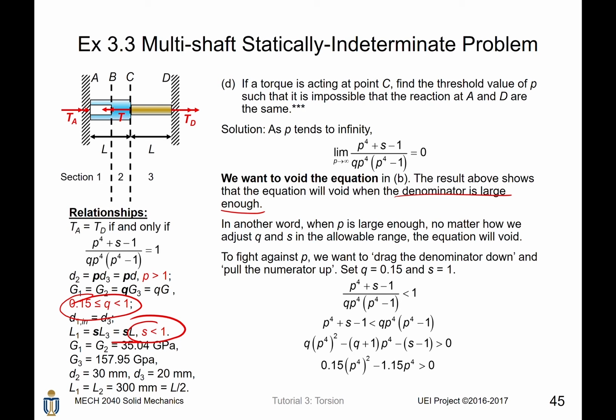To pull the numerator up and drag the denominator down, let's set Q equals to the minimum value, which is 0.15, and S equals to 1.